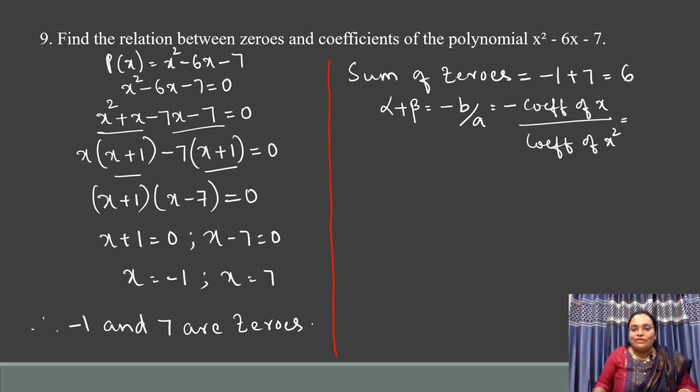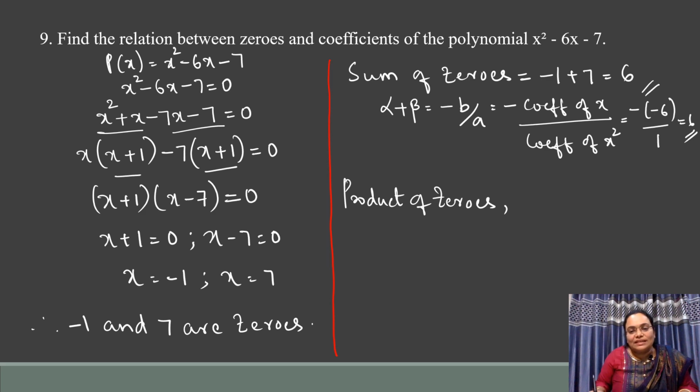So what is the coefficient of x? Coefficient of x is −6, right? Minus of −6 by 1, which is 6. This is matching, right? Now let us find the product of zeros.